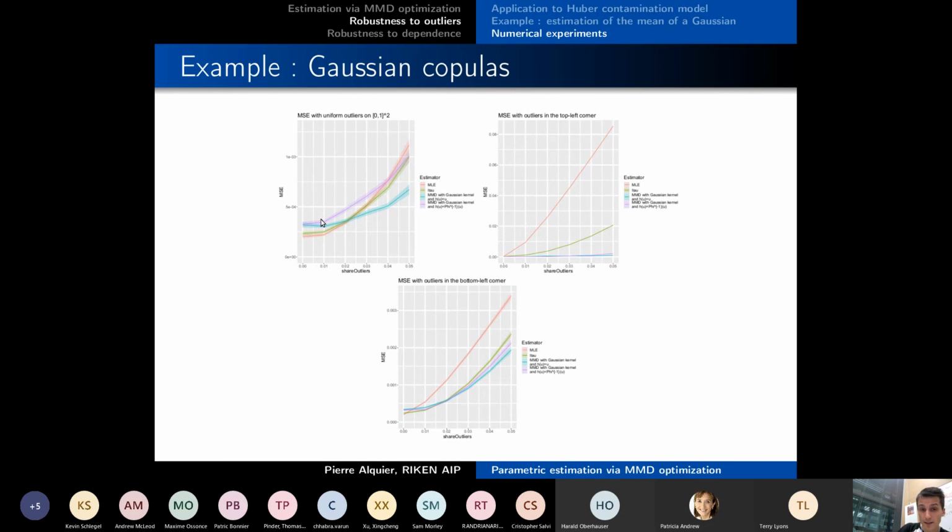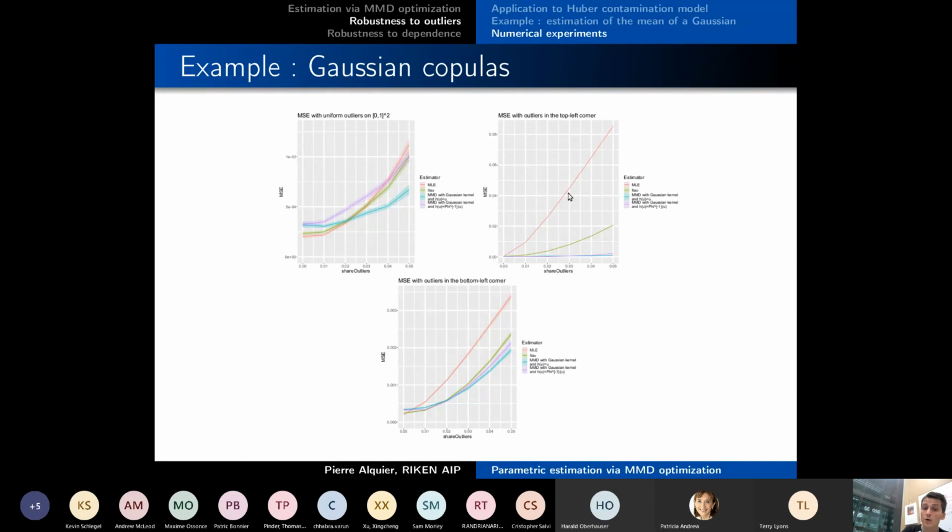You see that the MLE, in red, is the best estimator that we tested for the Gaussian copula parameter, a covariance parameter here, when the contamination is small. But as soon as the contamination is above 2%, the MMD estimators, we tried two different ones, in blue and in purple, become better.